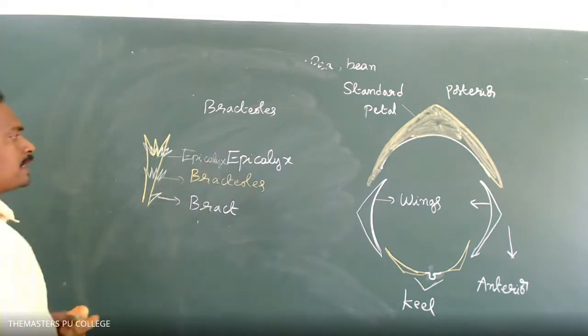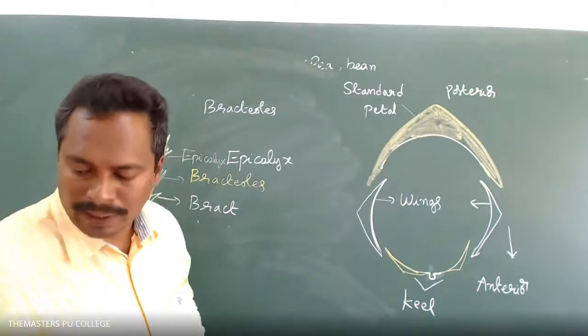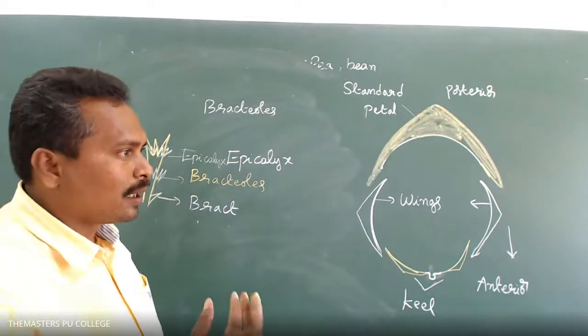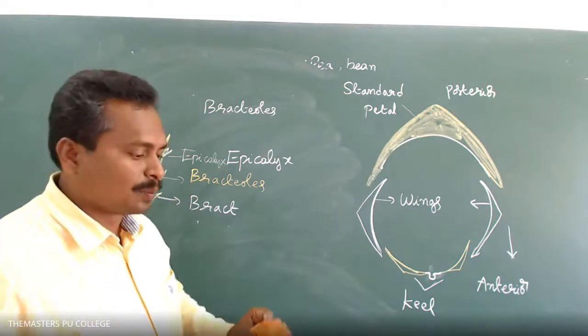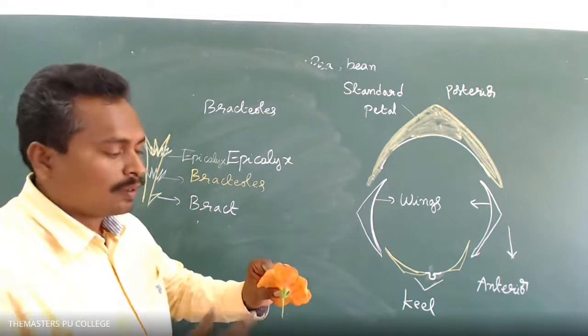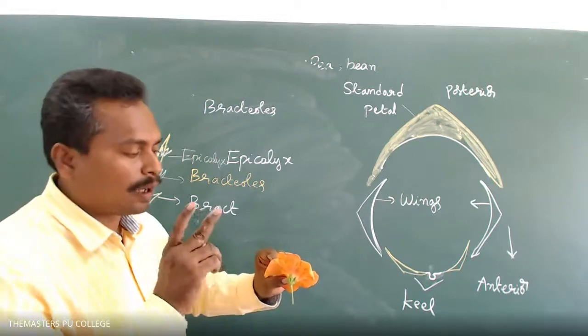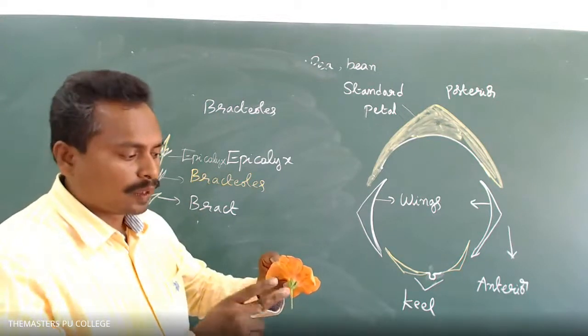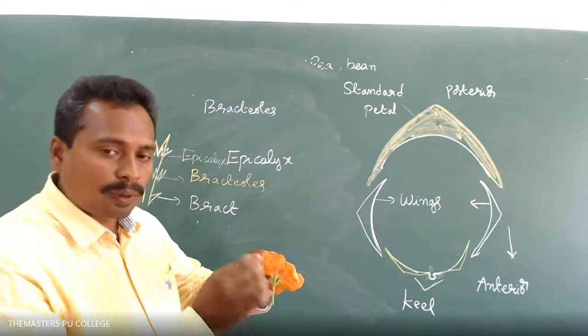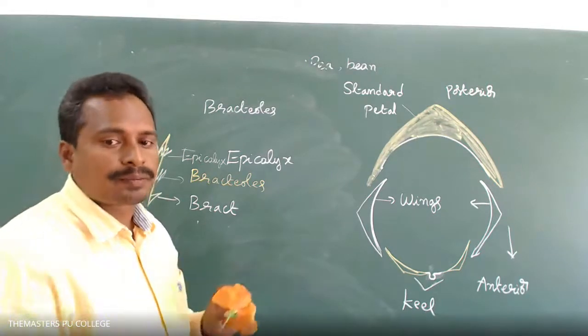Sir, is the epicalyx outer or inner to the calyx? The epicalyx is the outermost whorl. If epicalyx is there, first epicalyx, then calyx, corolla, androecium, and gynoecium.